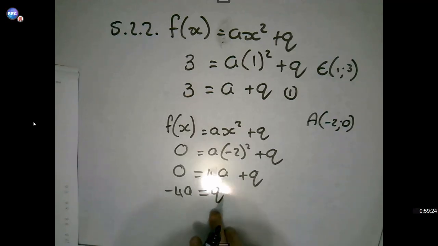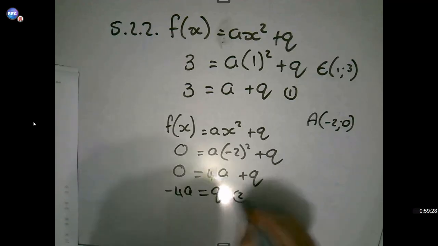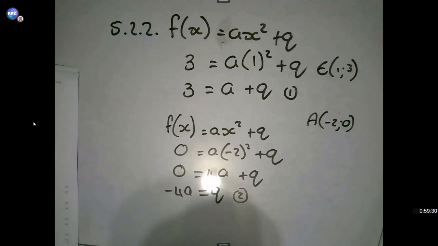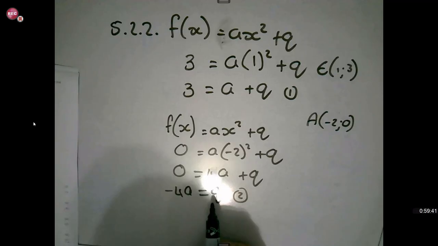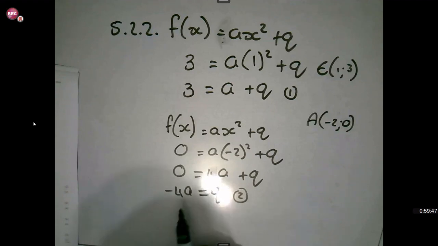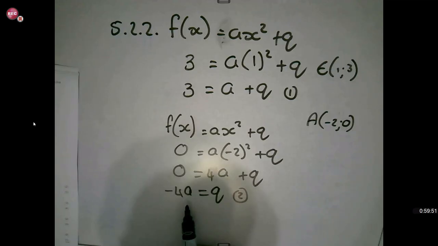So this is your second equation. We need to get rid of a in order to get q on its own. To do that, we say that a is equal to negative 1 in this case.